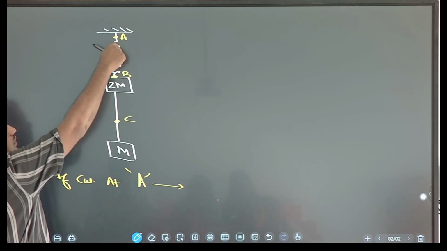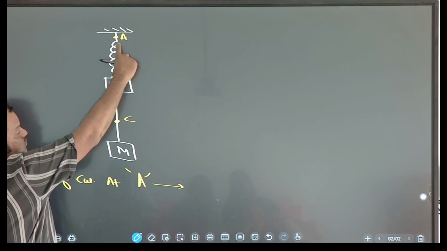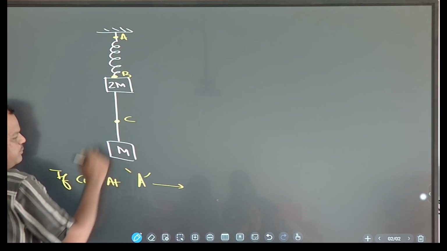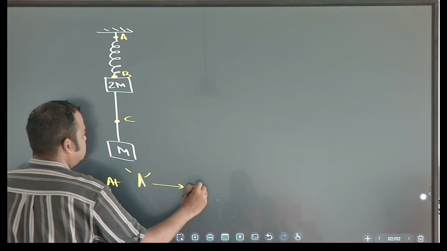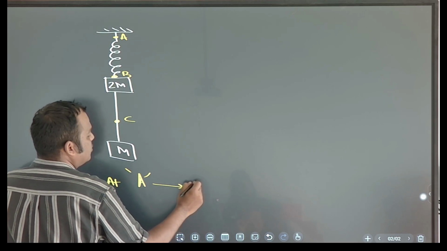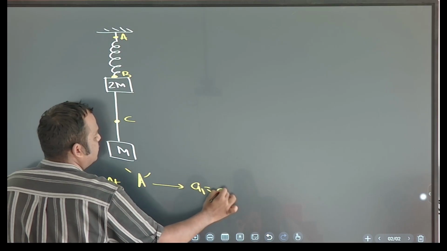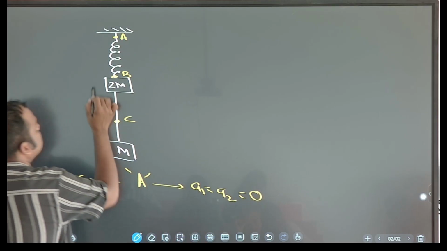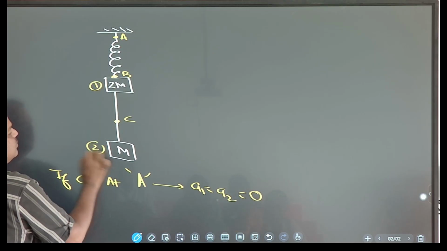What is the acceleration of 2m and m? 0. So both blocks 0. Okay. A1 is equal to A2 is equal to 0. Suppose this is block 1, block 2.